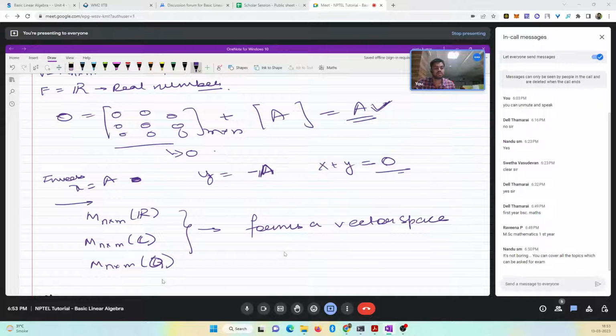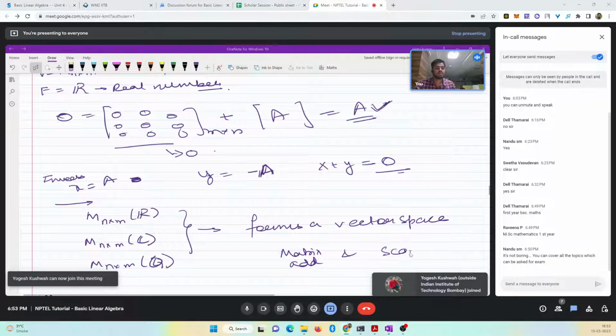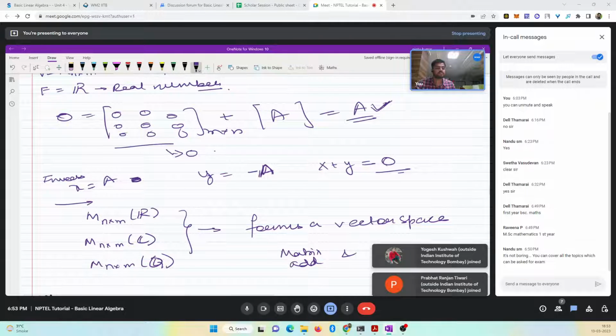Under what operation? Matrix addition and scalar multiplication.